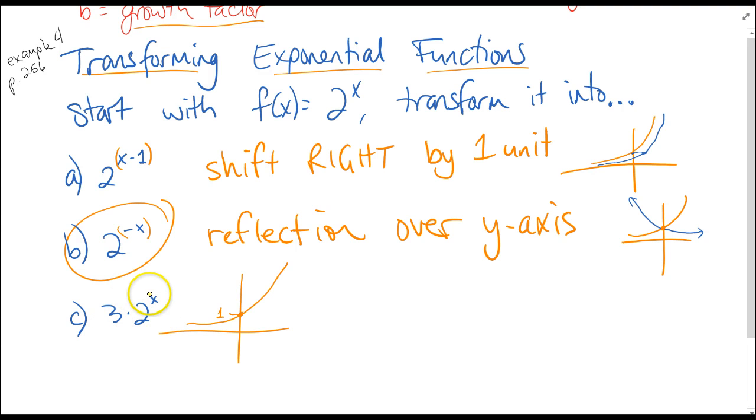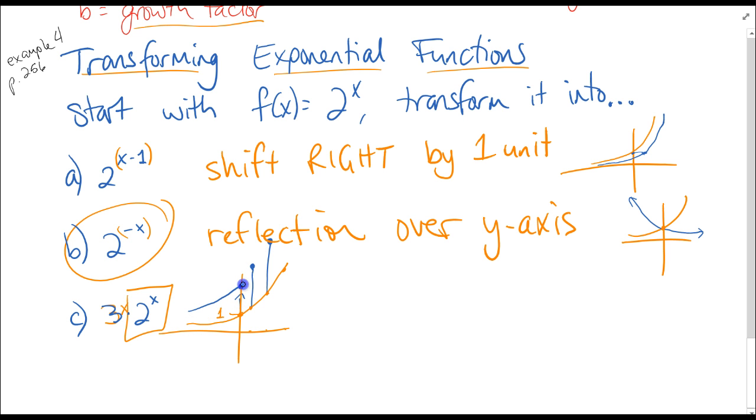Well, 2 to the x gives me my y values, and the x's are just marching along here. So I've got these y values from my original that I am now multiplying by 3. So whatever this was, it gets multiplied by 3. This one gets multiplied by 3. This one gets multiplied by 3.